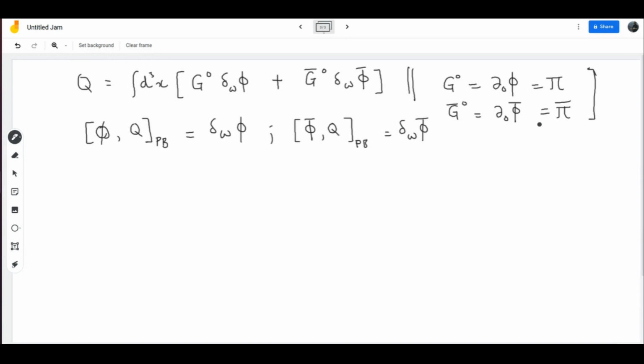The other G's do not relate to any canonical conjugate momentum, so it is adequate that we have just these.